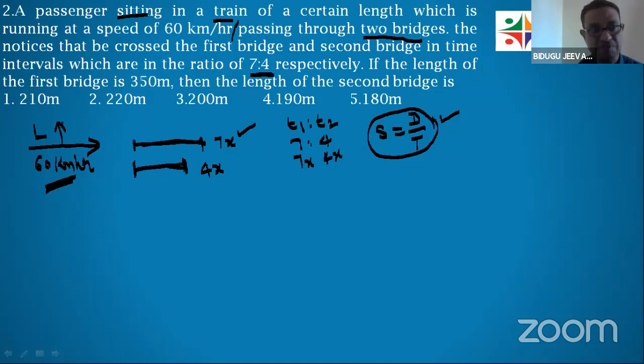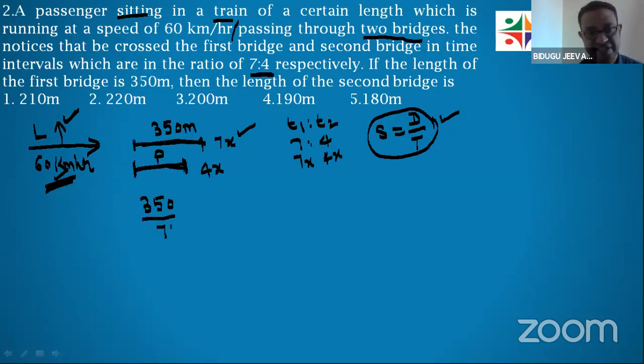Now we are talking about the person. Now the person's speed is 60 km/h. This person is crossing the bridge, right? So if the length of the first bridge is given as 350 meters, find the length of the second bridge. Let us say this is P. Fine. This person first crossing the bridge, what is the length? 350, right?